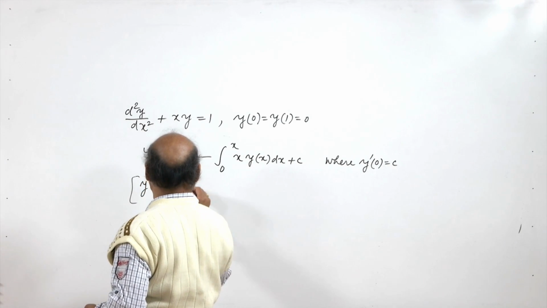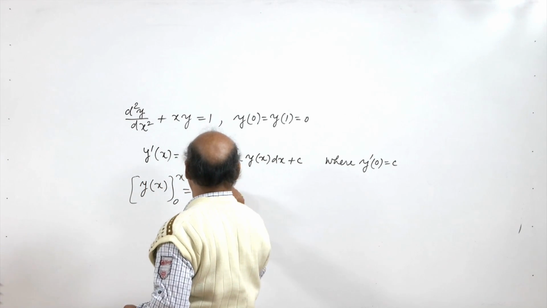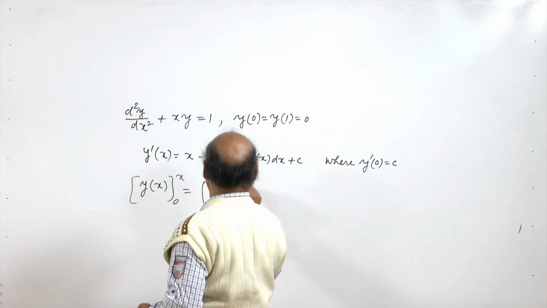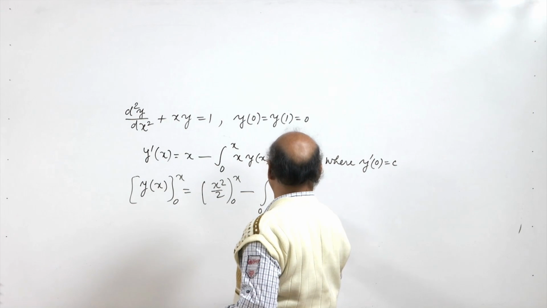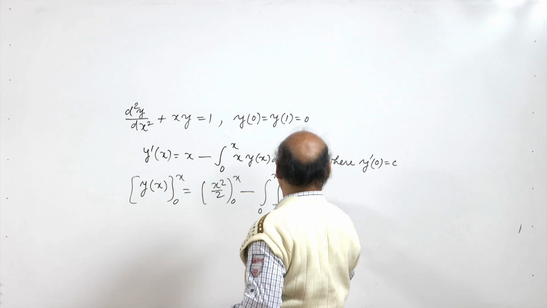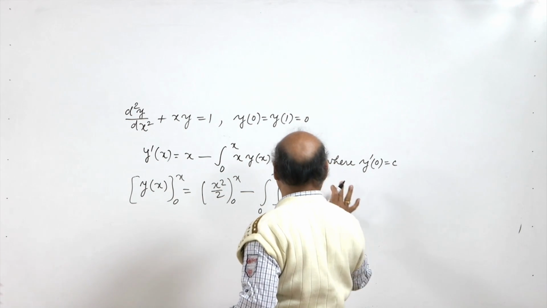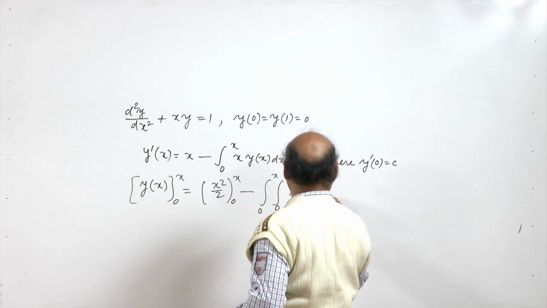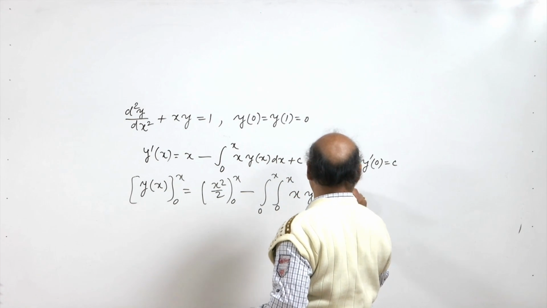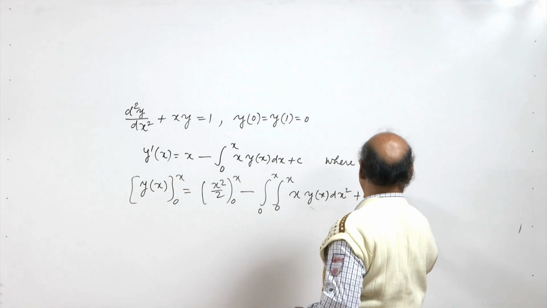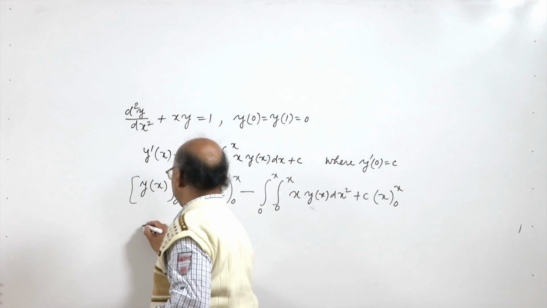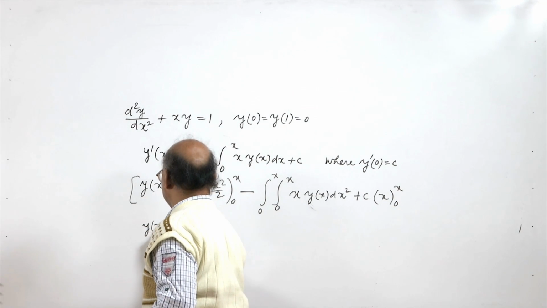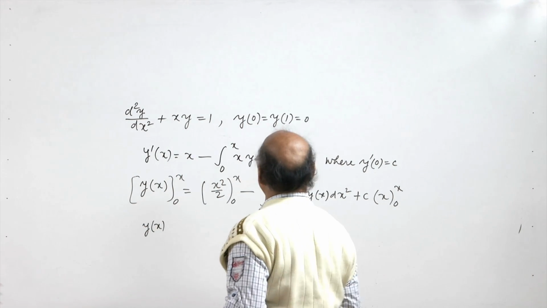0 to x, and here we get x square by 2 from 0 to x, and then we have the double integral 0 to x. So this will become y x minus y 0 is equal to 0.